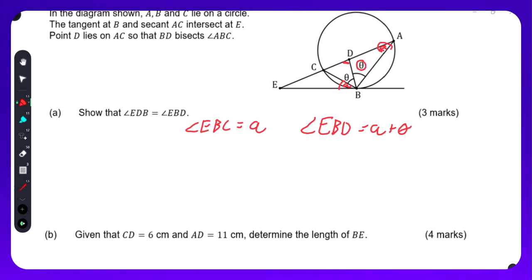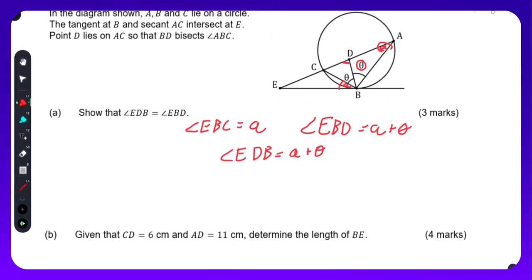So that one there is going to be alpha, so angle EDB is going to be equal to alpha plus theta.